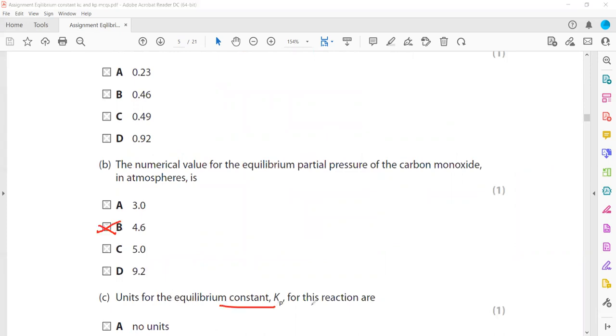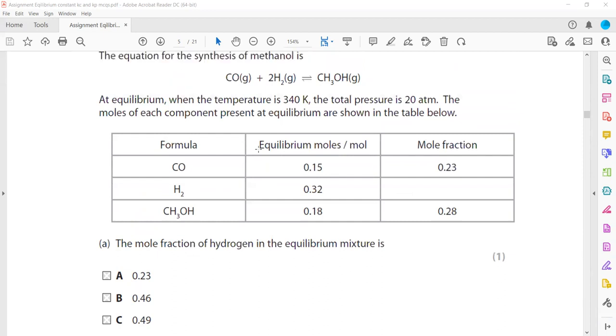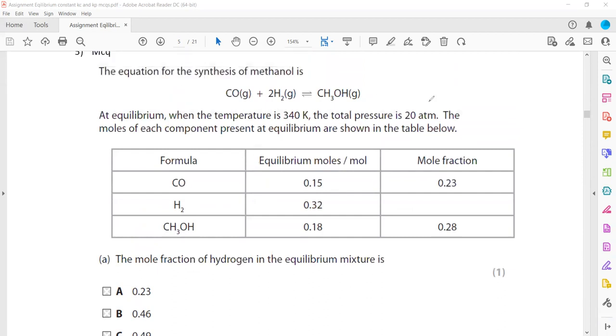Then, the units of the equilibrium constant. How do we work out the unit of the equilibrium constant Kp? First we write the expression for this. Kp is the product divided by the reactant. So the pressure of methanol divided by the pressure of carbon monoxide and then the pressure of hydrogen squared.